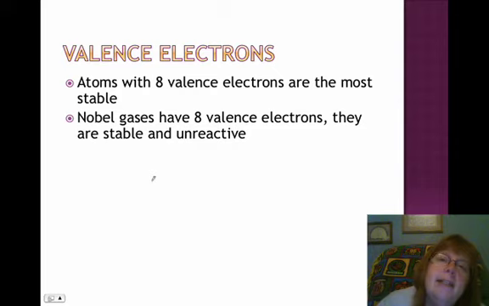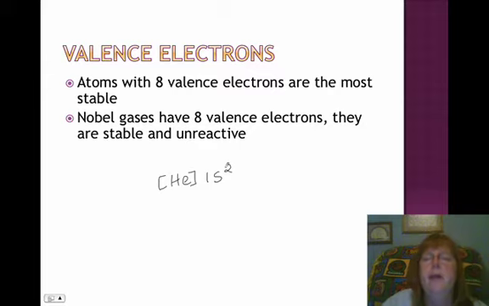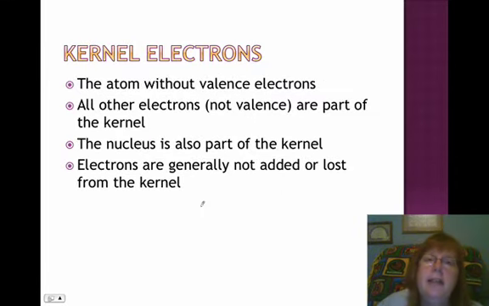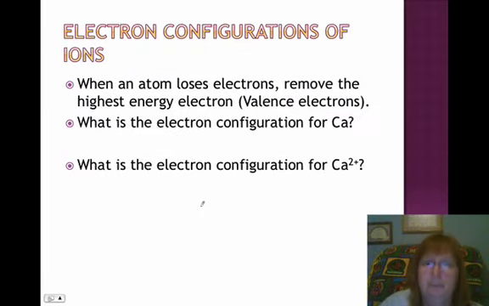The only noble gas that doesn't have 8 valence electrons is helium, but it's still a noble gas because its outermost shell is completely filled, and that's the 1s. So valence electrons are the outermost electrons, and 8 valence electrons is called an octet, and that's what the noble gases have, and that's why they're so unreactive. The rest of the electrons in the atom are called the kernel electrons.